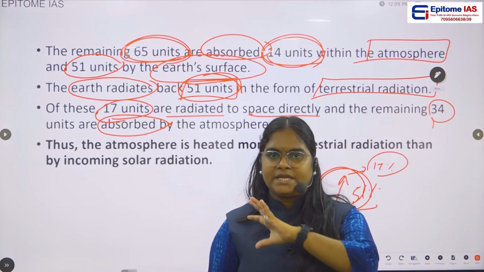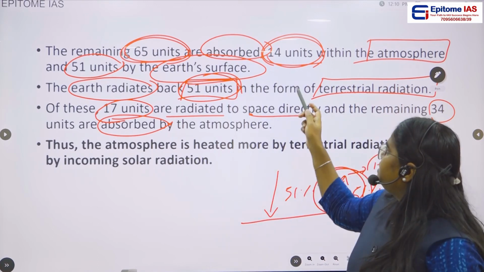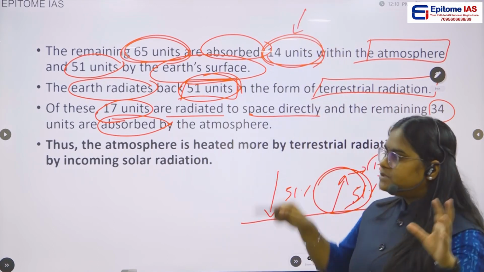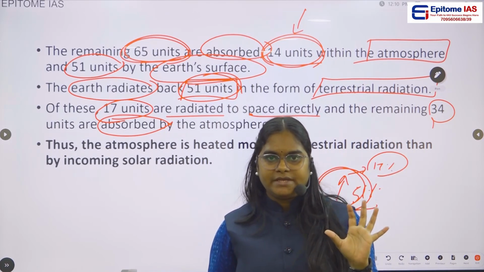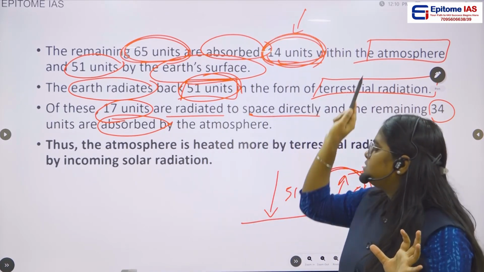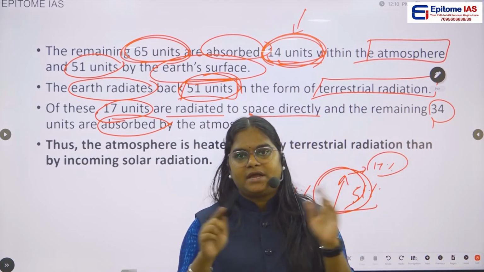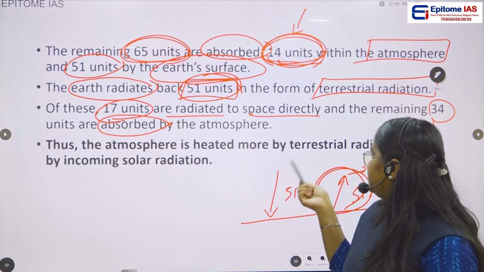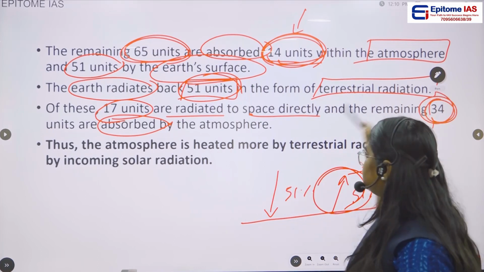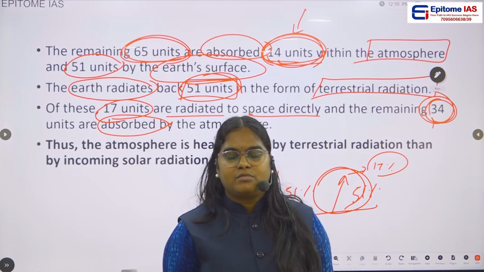So now you can clearly see the incoming solar radiation, how much absorption is happening? Only 14 percentage of the incoming solar radiation, only 14 units, are absorbed by the atmosphere. But in case of terrestrial radiation, 34 units are absorbed by the atmosphere.